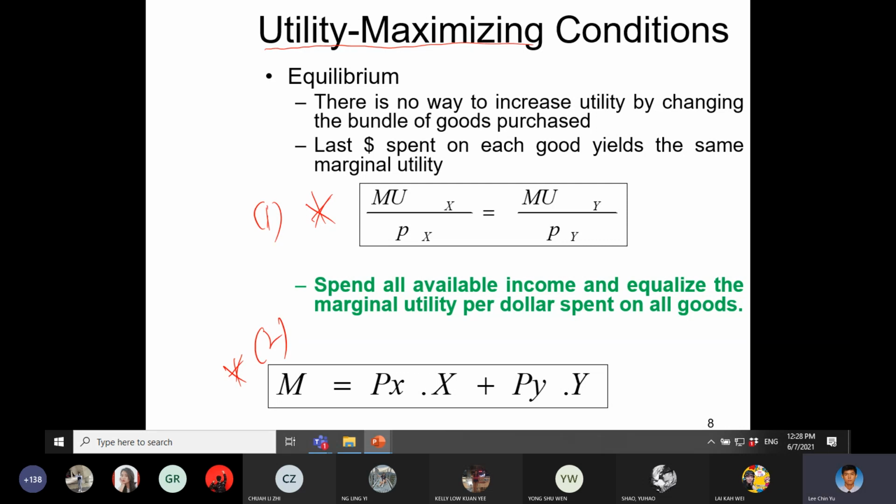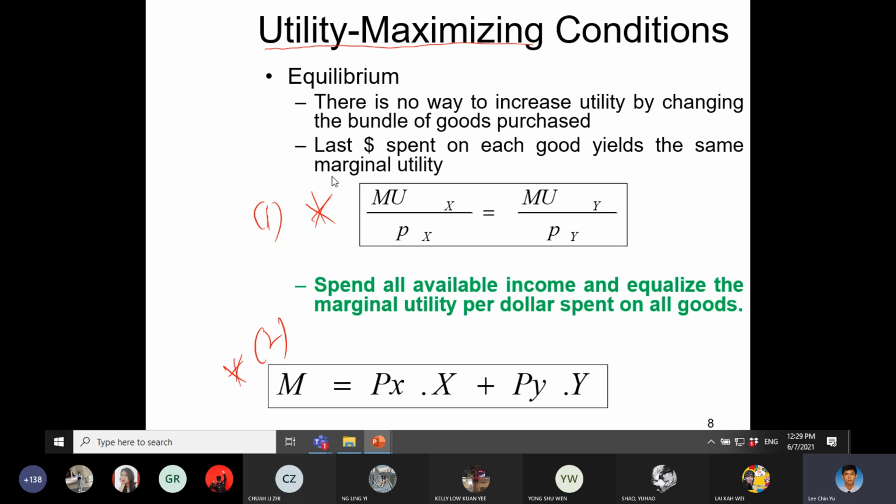How do you know? You consume X and Y. Will X and Y give you equal satisfaction or not, especially when they have different prices? So we need to divide by the price of the good itself. And then if we're able to achieve the first condition, given that we want to utilize all the income, then we need to fulfill the second condition.